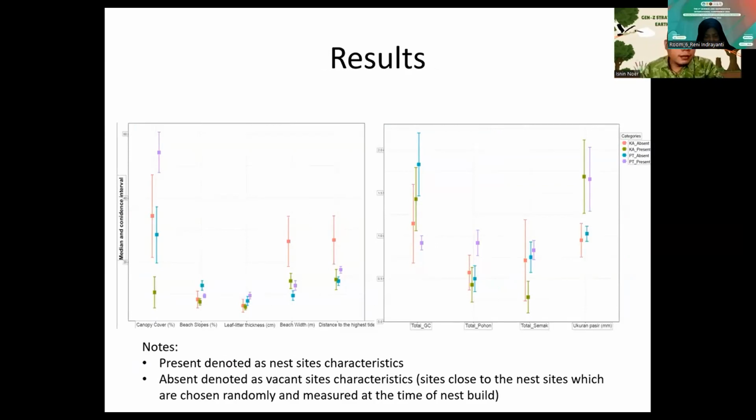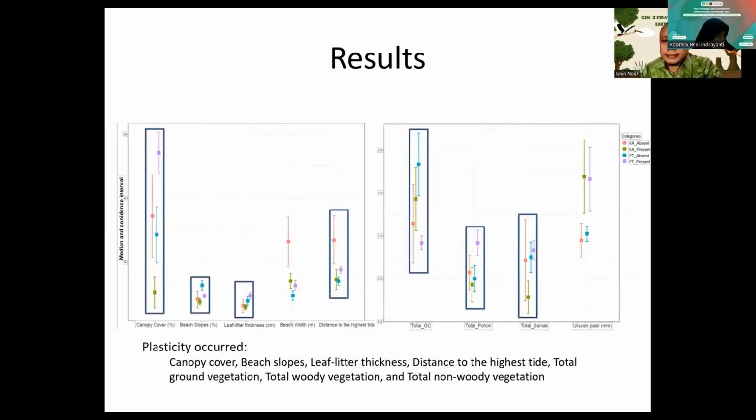Among the six variables observed, most of them are under stabilizing selection, in which turtles on both islands, Kayu Angin Bira and Putuan Timur, tend to choose sites at or near the population mean, so turtles on both islands show similar preferences for the six variables observed. The plasticity demonstrated in this study is associated with the differences in environmental variation between the two islands.